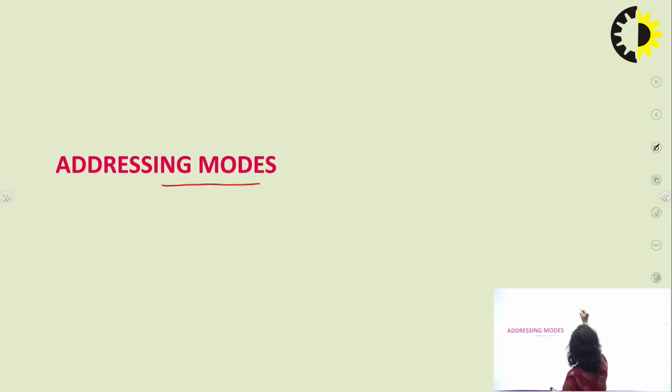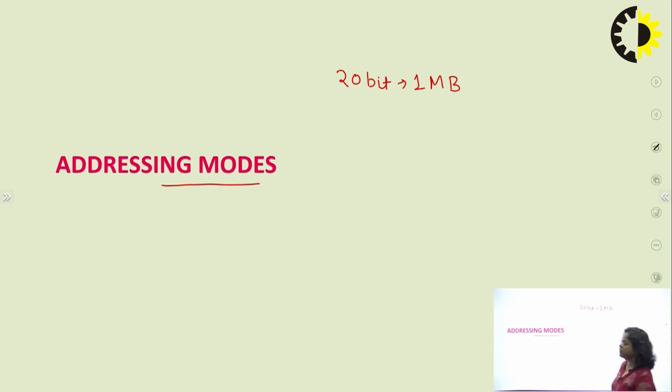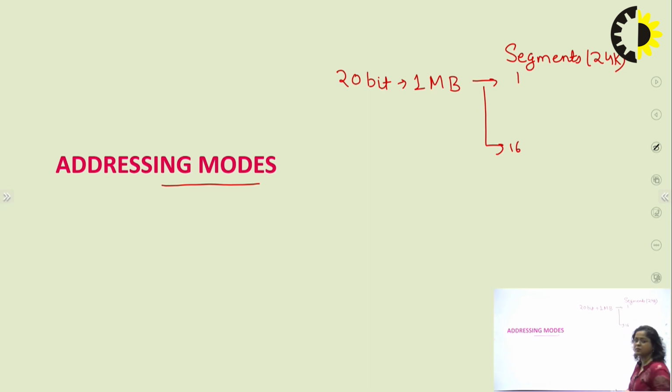In 8086, the address bus is 20-bit, that is, the whole memory is 1 megabyte. We have divided this memory into segments. Each segment is of 64K, and there are 16 segments in total. So, the overall 1 megabyte memory is divided into 2 to the power 4, that is 16 segments of 64K each.